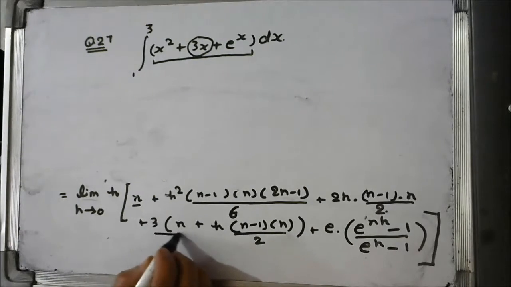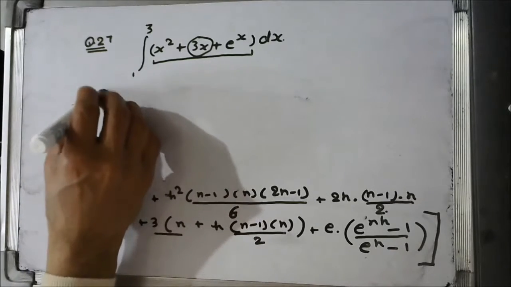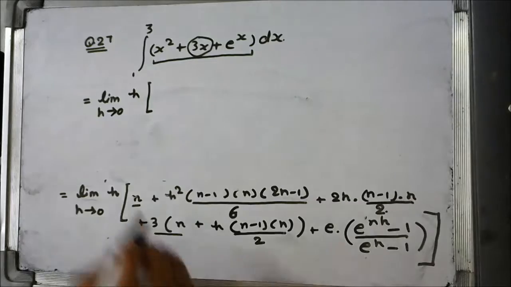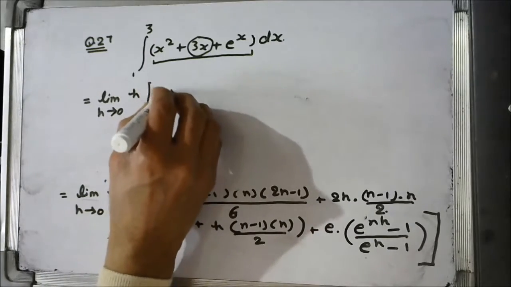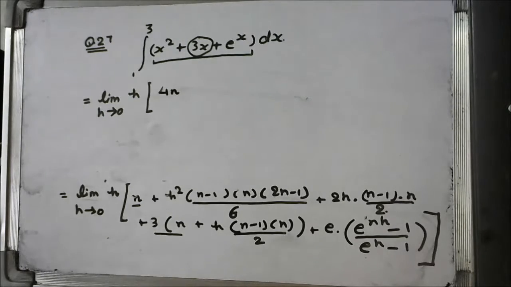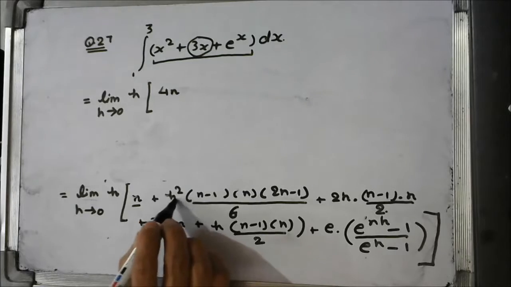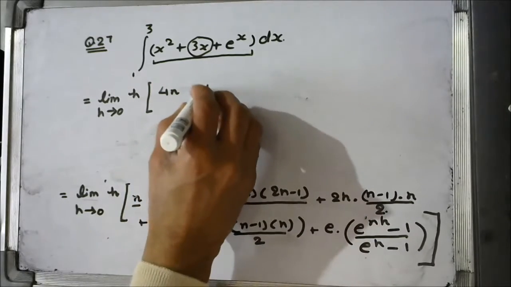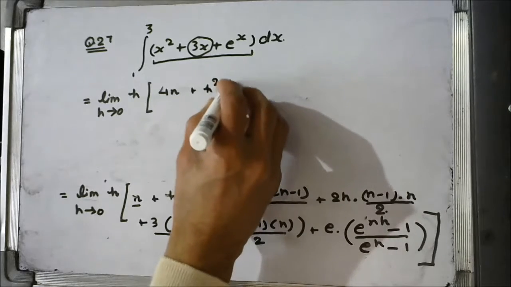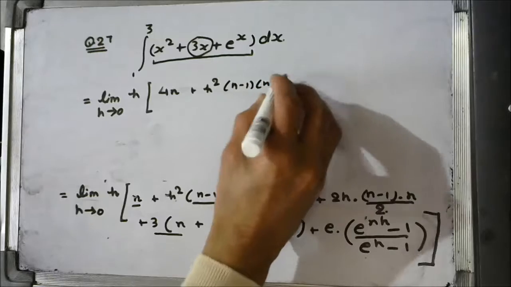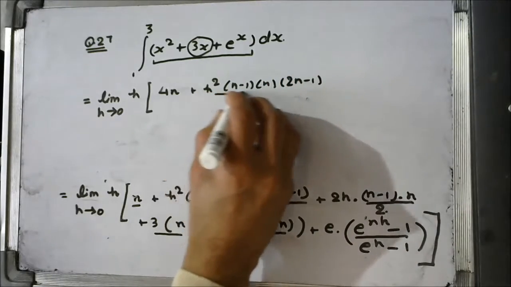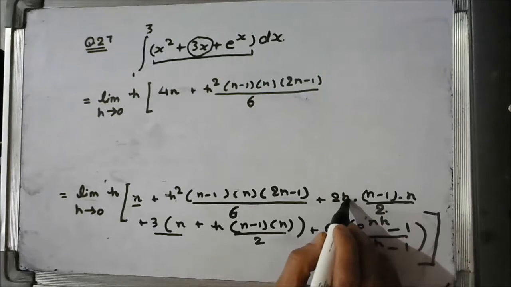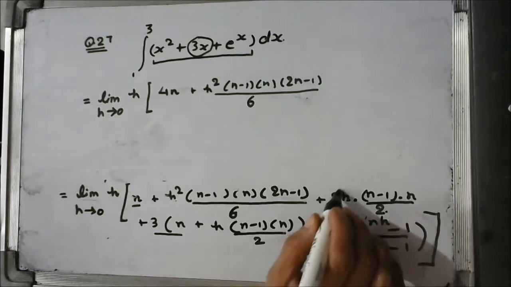Now these two can be combined. So we have 4n. There is a single term having h square. Now for the single power of h, we have two terms, so we can combine them.